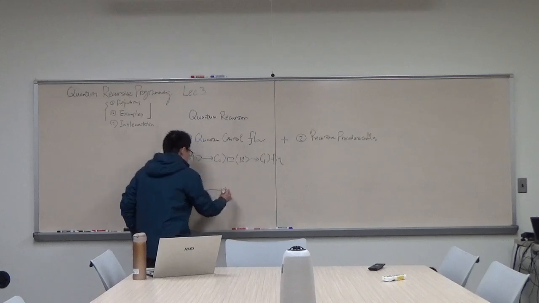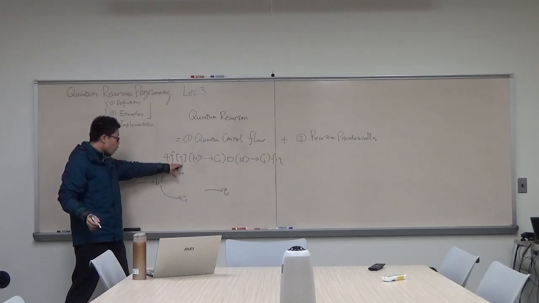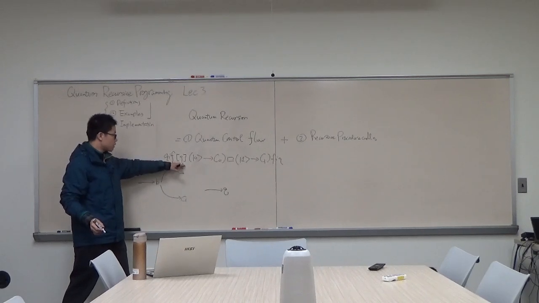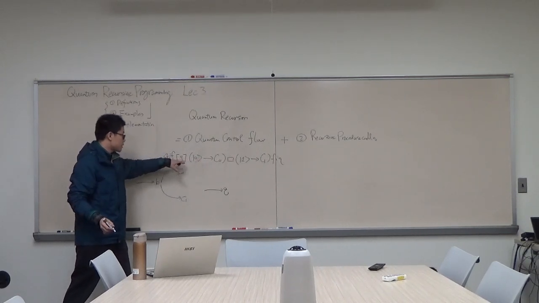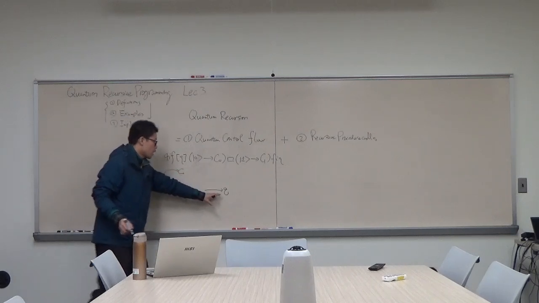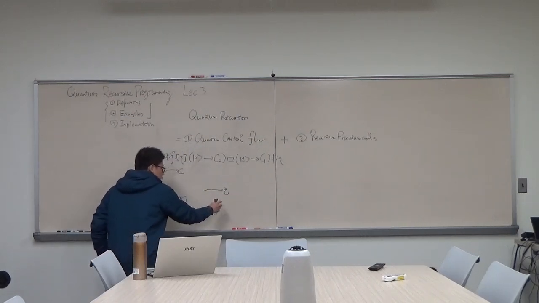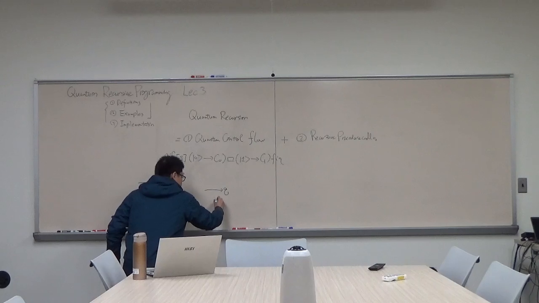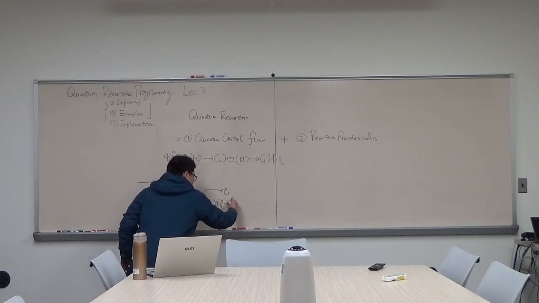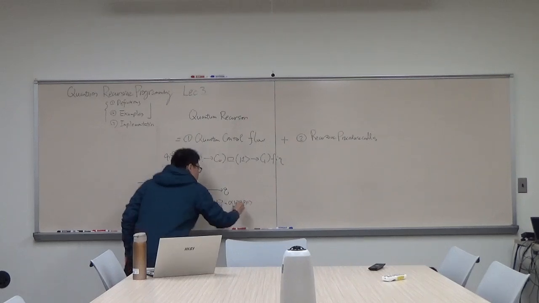That means this quantum coin, or this quantum variable, which is a qubit variable that guards this quantum if statement, can be in the superposition state. So Q here can be in the superposition state, for example, alpha 0 plus beta 1.